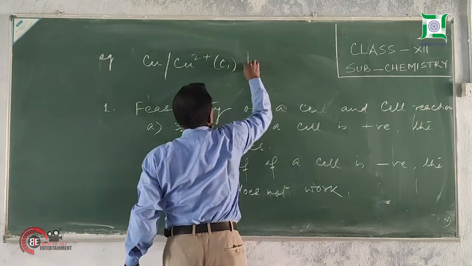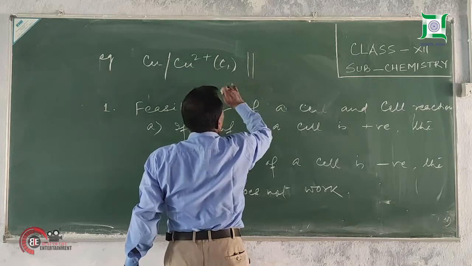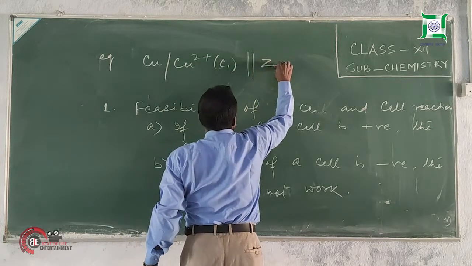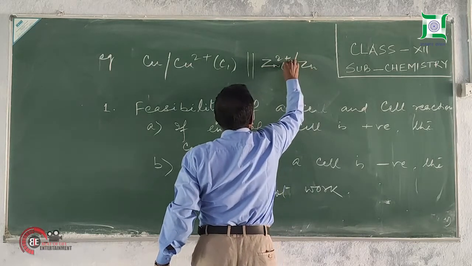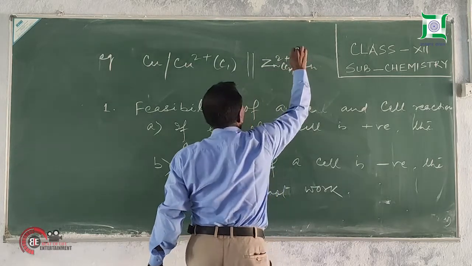Cu2+ C1, then salt bridge. This is Zn2+, and here is Zn. This one is concentration C2.